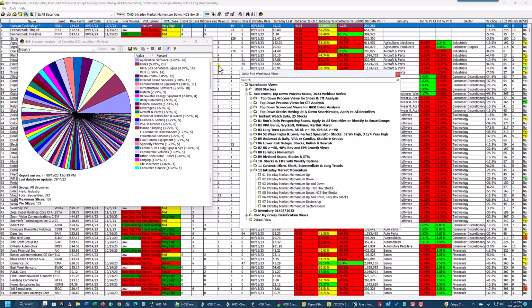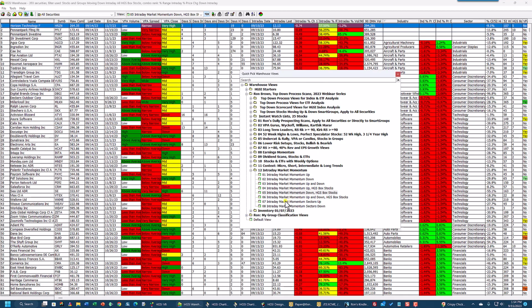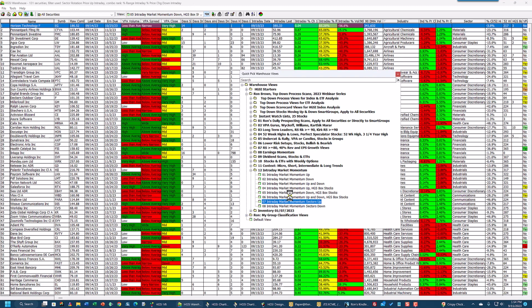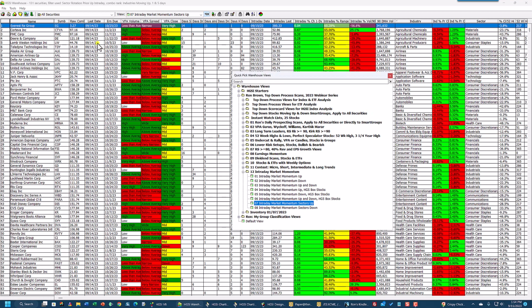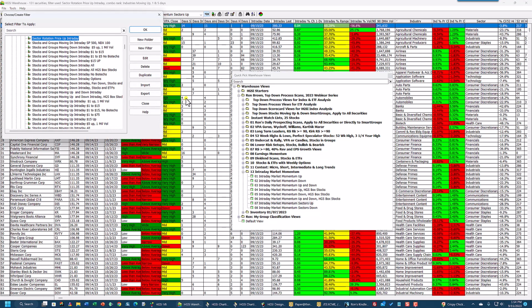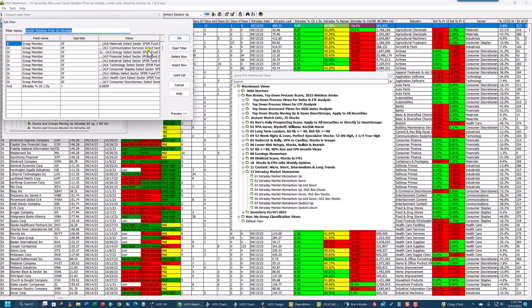But what I really want to show you is this one here, intraday market momentum sectors up. Now what I did here differently is I created a filter which goes into the S&P 500 sectors. I created all of these sectors, put the individual stocks in these sectors into groups, and then I built the filter from that.